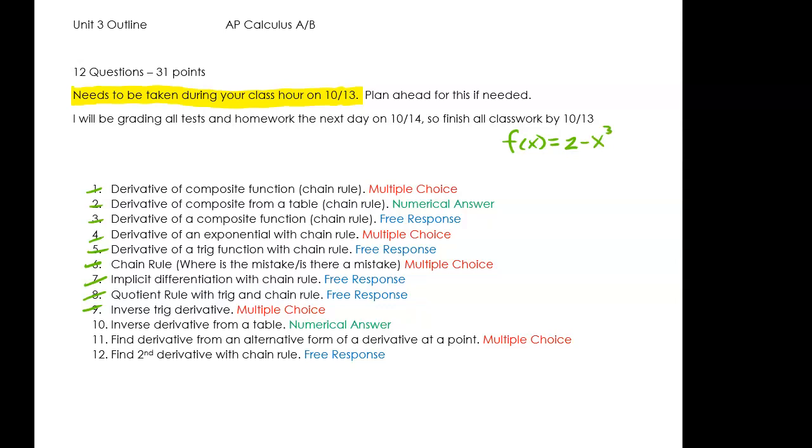We did one together that I picked. I hate this. I'm trying to think of them off the top of my head. We'll go with it. And then you are asked to find the inverse derivative of a number.